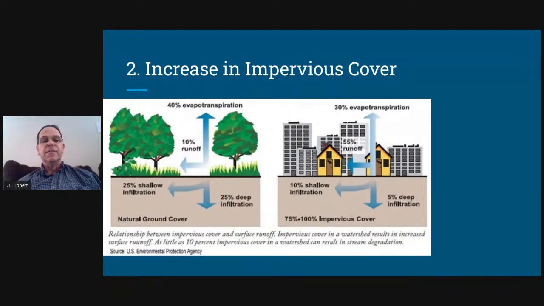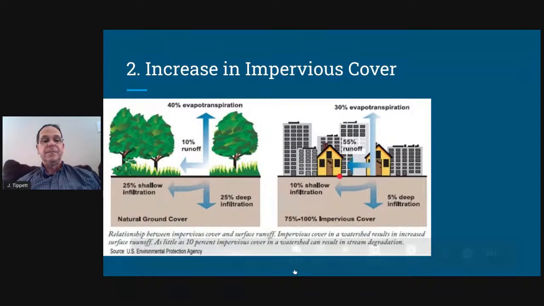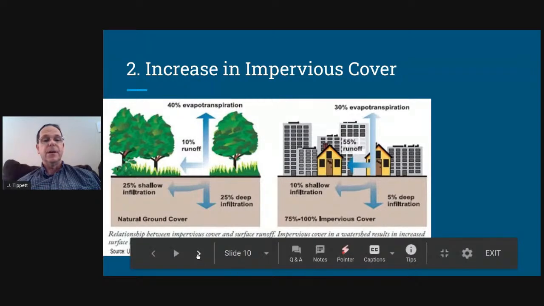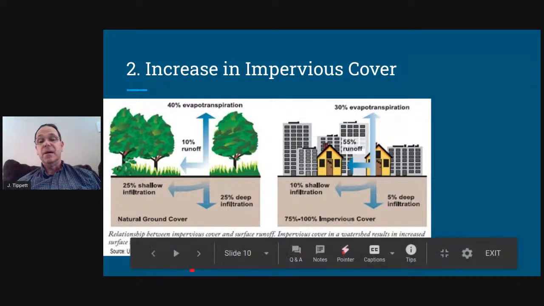By preventing infiltration, which affects our drinking water stores, and also sends a whole lot more water into streams, which can cause a bunch of erosion downstream because the stream tries to get bigger, essentially, to accommodate for that.